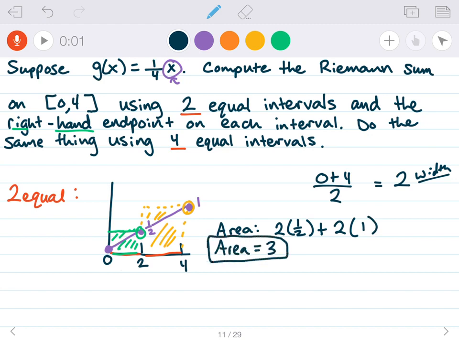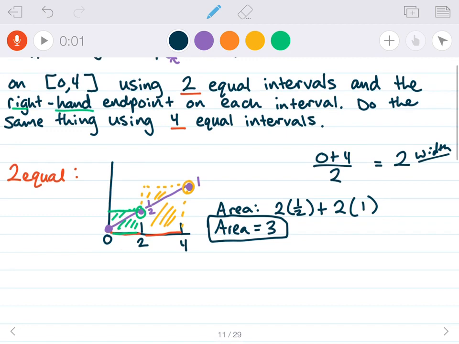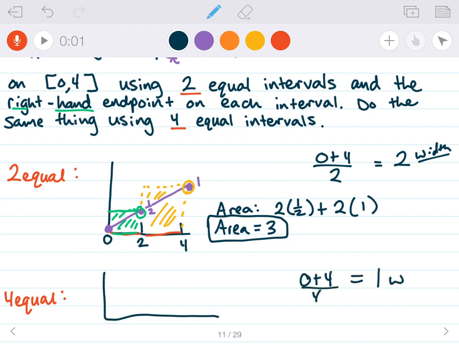Now let's look at what happens when we have 4 equal intervals. Again, we're doing 0 plus 4, but this time dividing by 4, so these rectangles have a width of 1. So this is 1, 2, 3, 4.